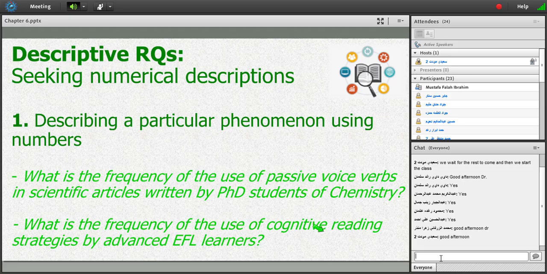I will check the number of times they use cognitive reading strategies to see whether my students are familiar with the cognitive reading strategies. If the frequency is low, if the number is low, it means that my students do not know cognitive reading strategies. So I should teach them cognitive reading strategies.